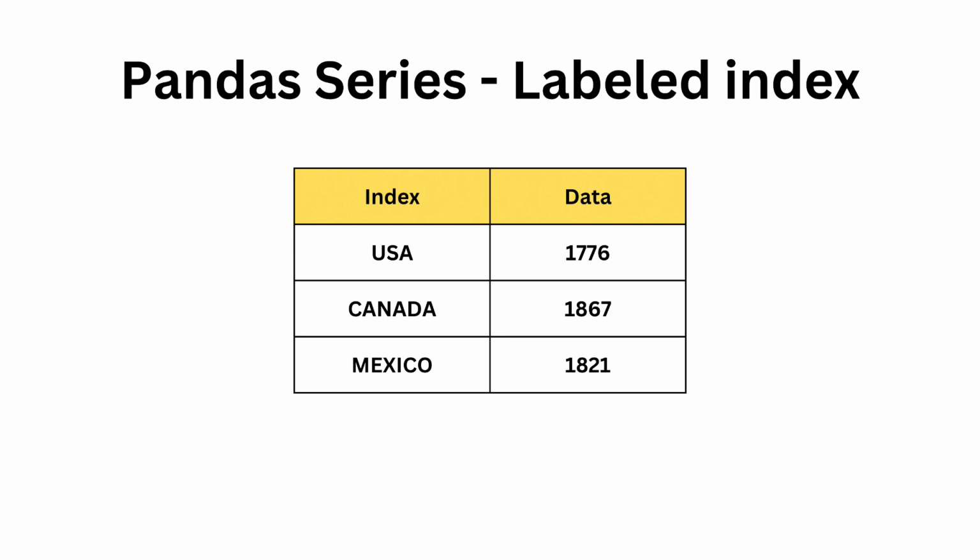And you'll notice now I'll be able to grab information off this Pandas series based off the labeled index, which makes it a lot easier to grab data in an informative way. So I can say, go ahead and grab the series at index USA, and it would return back 1776. That's a lot easier to use than having to memorize those index positions. And it's more in line with what real-world data looks like.